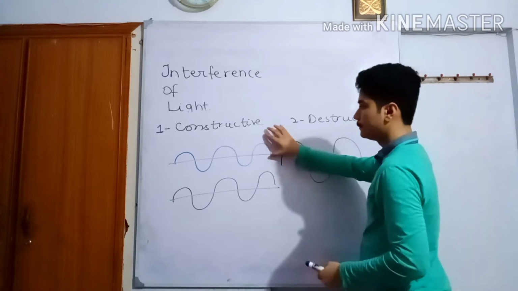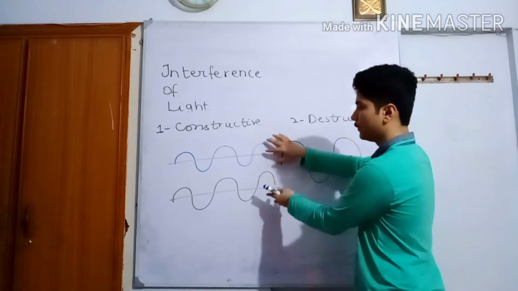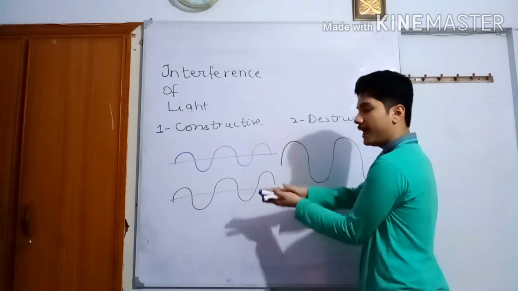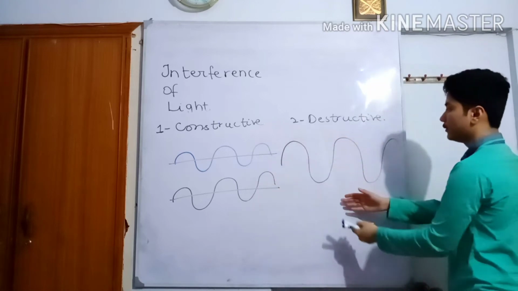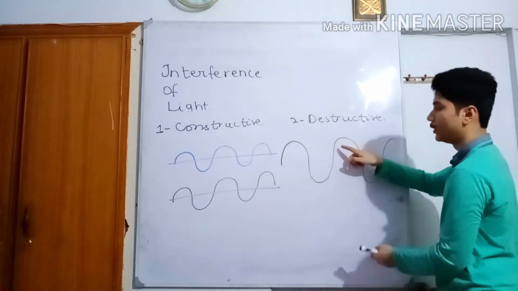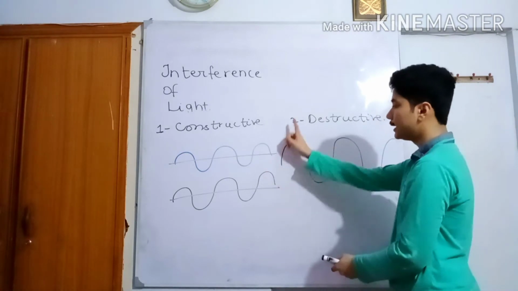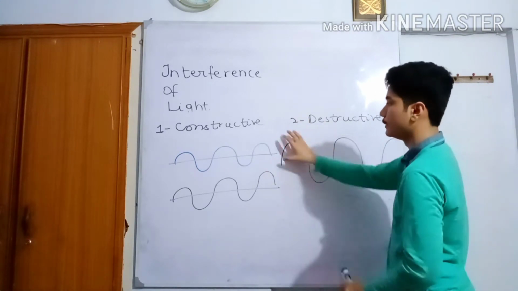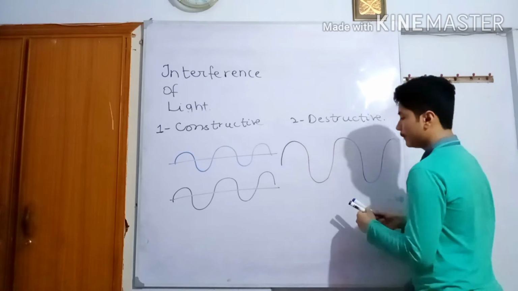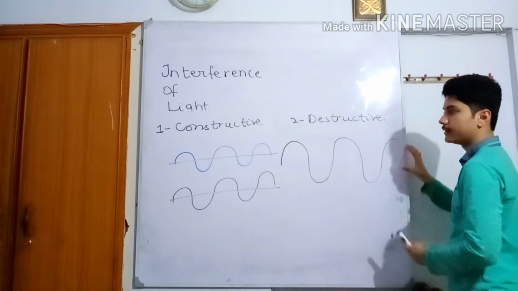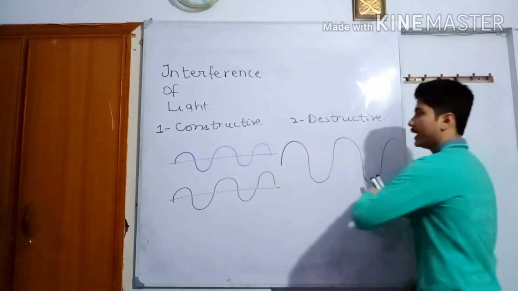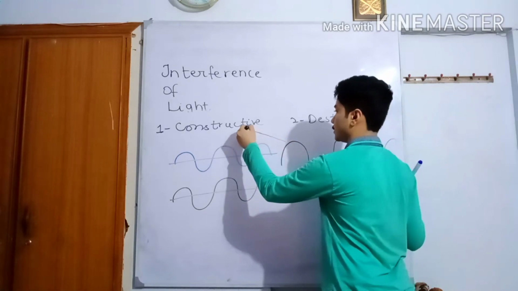You can see the intensities of the individual light waves are added. The resultant light wave will be much greater than the individual ones. So I say this interference is constructive.